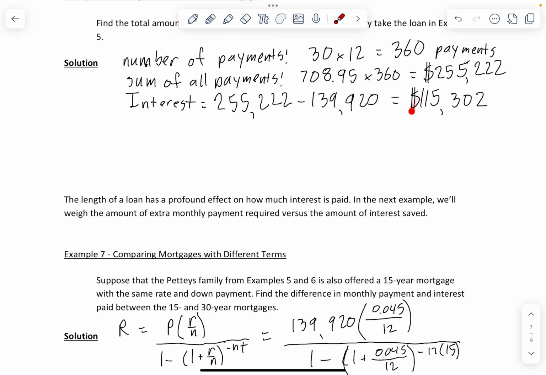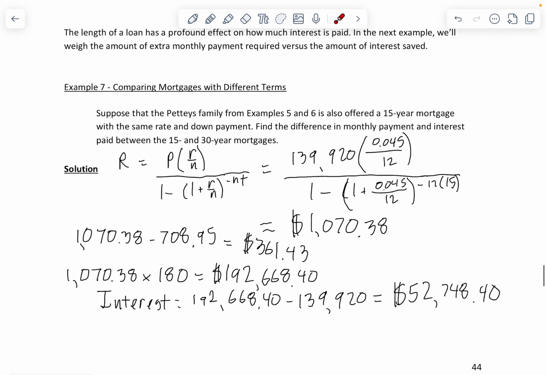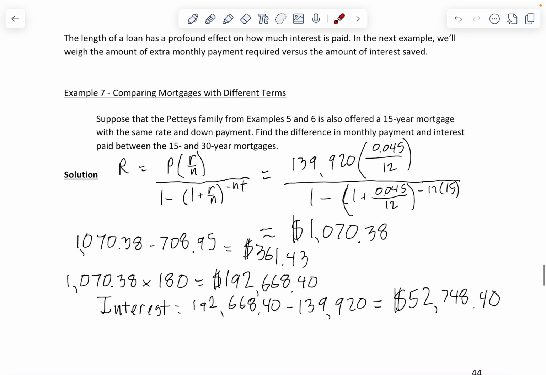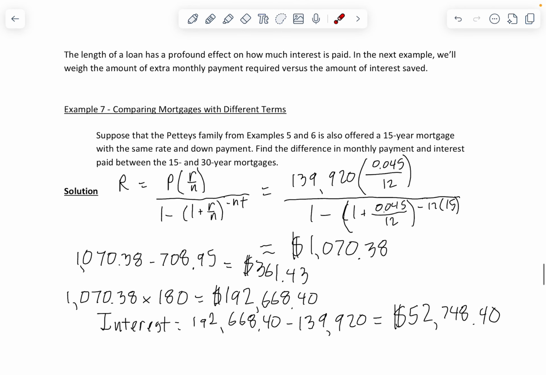For the 30-year mortgage, it was 115,300. So it's a big difference, right? So how much money do they save overall, right? So let's take this number and subtract this number, okay?